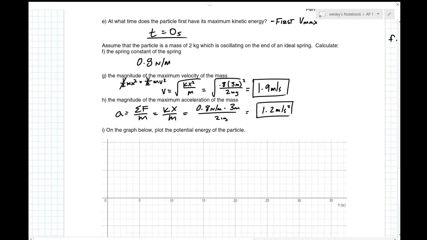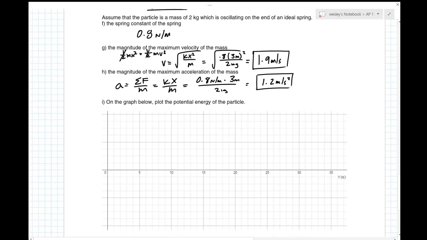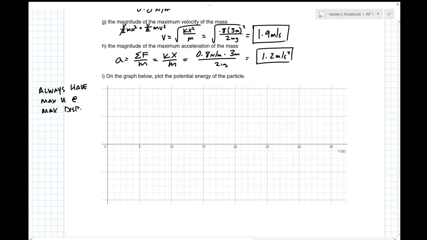Graph the potential energy. Well, we've got one more always. We always have maximum potential energy at maximum displacement for all simple harmonic motion, but especially for a spring.